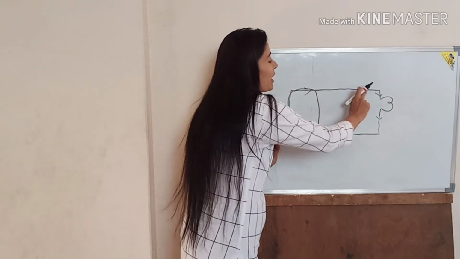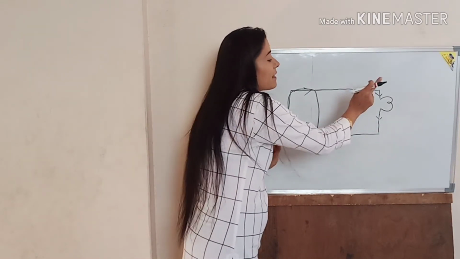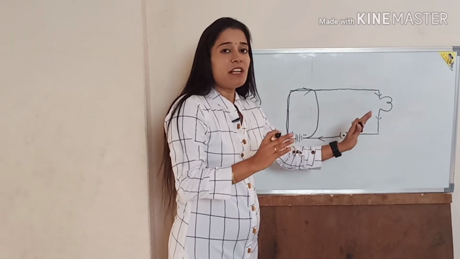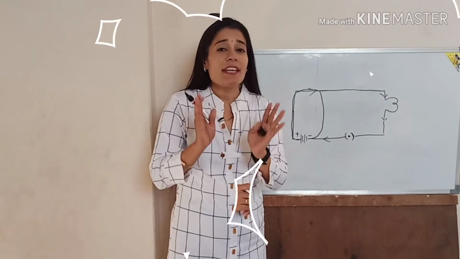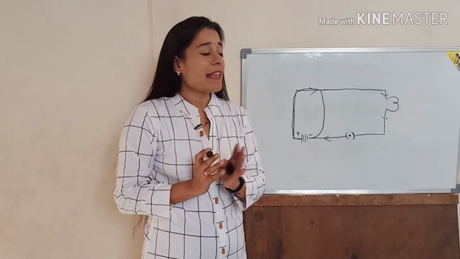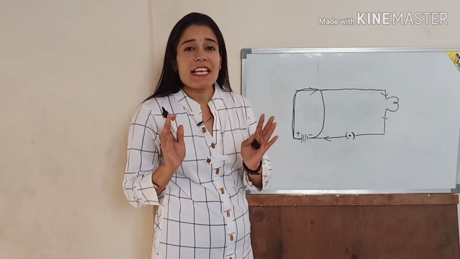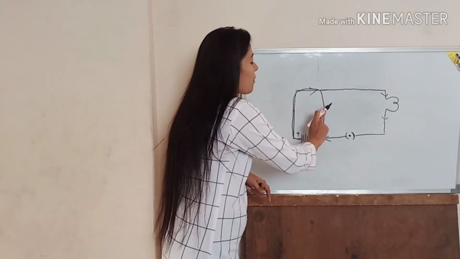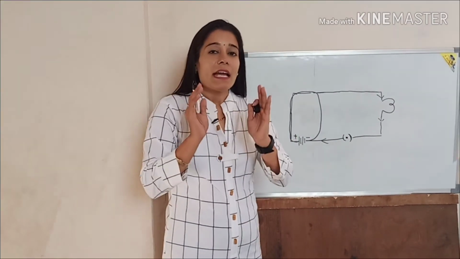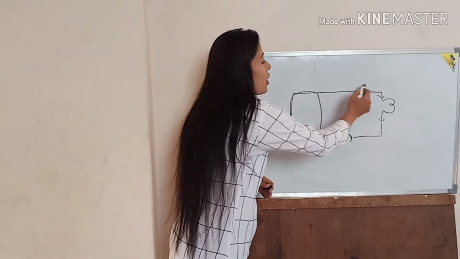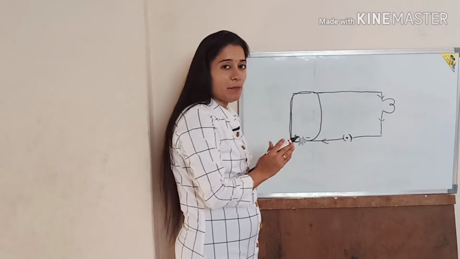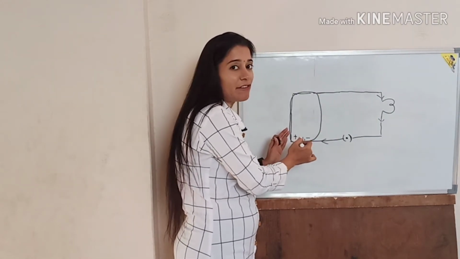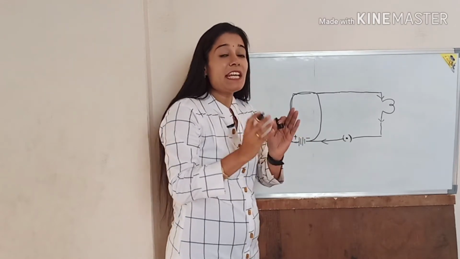It will stop flowing through the bigger circuit, and the bulb which is in the bigger circuit will stop glowing.